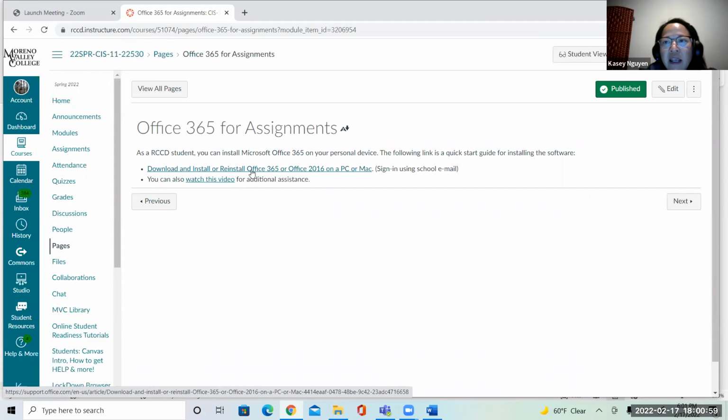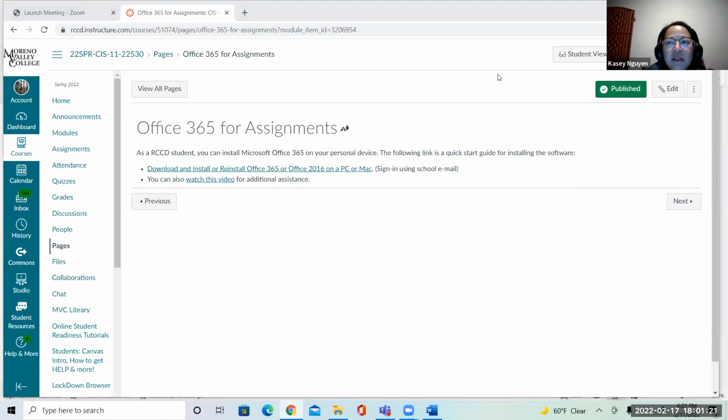You just have to log in using your RCCD account. You can also log into Outlook and then use the all apps and select the apps that you want to use, so you can directly use it and save it onto the cloud. With the application installed on your system, you can save it to your computer, and then you can upload it at any time. So you have options to do that, okay?